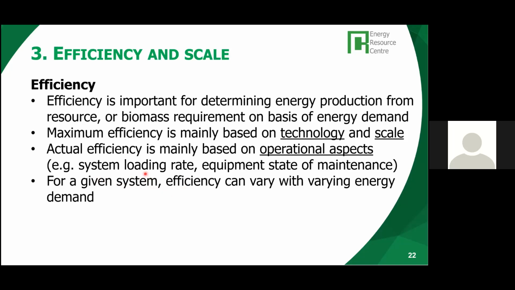For example, you have a single generator which at some points can run only at 20-25% of its capacity, and you have a much lower efficiency at that time than maybe later on in the day when the load is double and the system can run at 50% of its rated capacity.